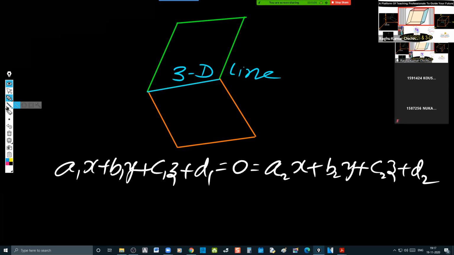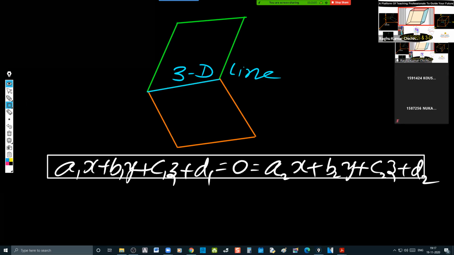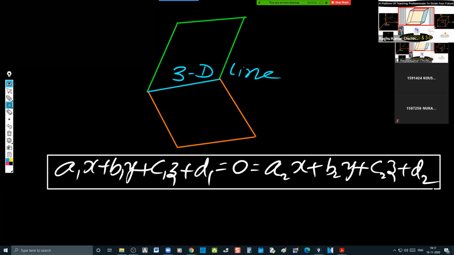So if you see this type of equation anywhere throughout three-dimensional geometry, you have to understand that it represents a 3D line. Understand, a 3D line is denoted by two planes.